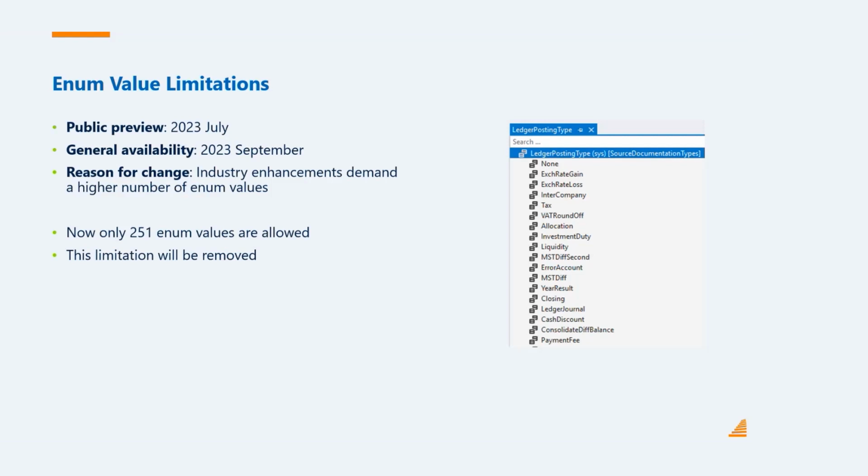And as an example, I have taken ledger posting type Enum. So it already has a lot of Enum values by standard, but it's possible that you might add a lot more, and you might come to a situation that the system doesn't allow you to add more values.